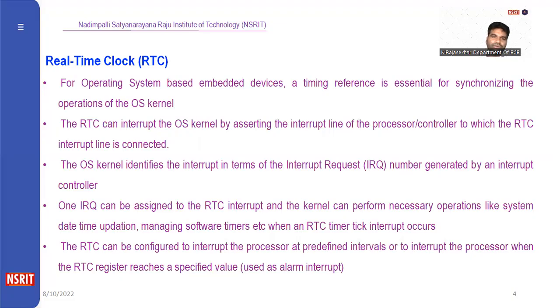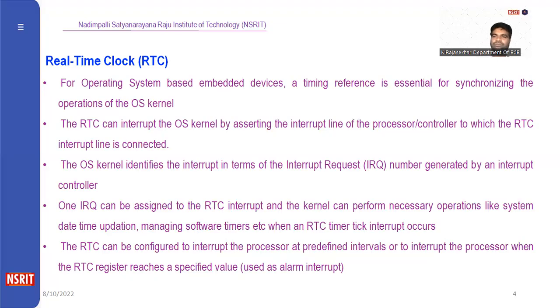One IRQ can be assigned to the RTC interrupt and the kernel can perform necessary operations like system date and time updation, managing timers, etc. The real-time clock can be configured to interrupt the processor at a predefined interval or when the real-time clock register reaches a specified value.